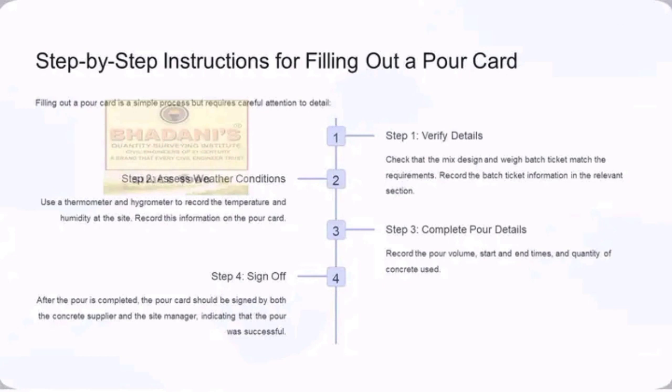If there is any defect or any difficulties you've witnessed while doing the pouring work, you should note it and take it to the supplier who supplied you the concrete, to tell him this and this and this in your concrete was not efficient. Then if there is none, you just sign off and the supplier signs his part and the site manager also signs his part. That is done if the pour was successful.